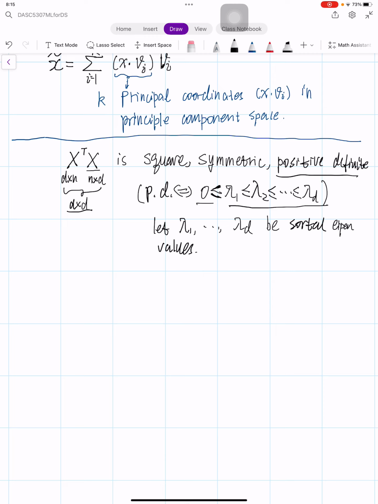Okay, so since this is positive definite, we can use the algorithm to find not only all the eigenvalues, we can also find the corresponding orthogonal unit eigenvectors.